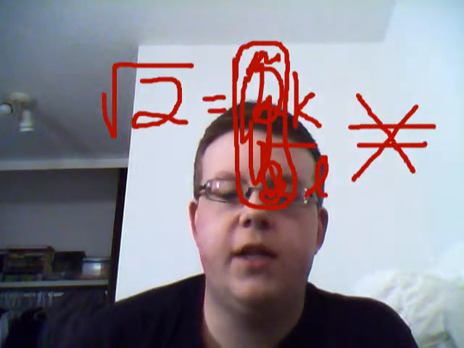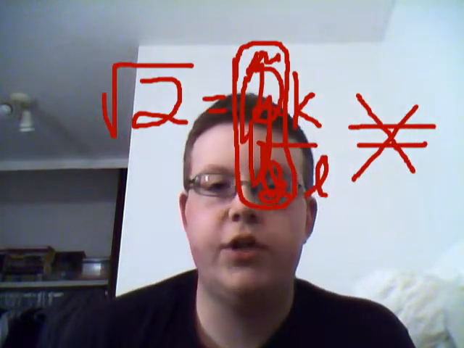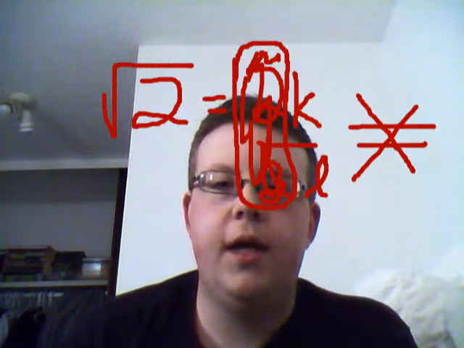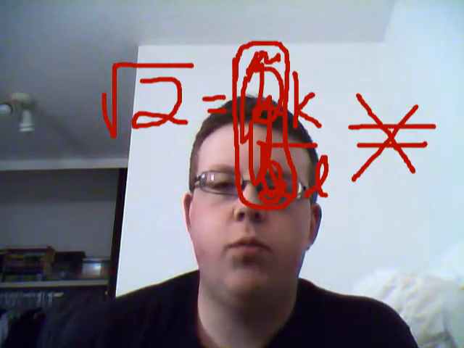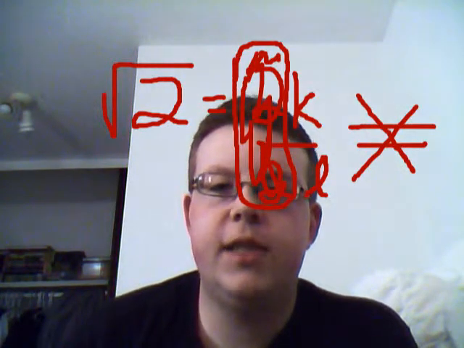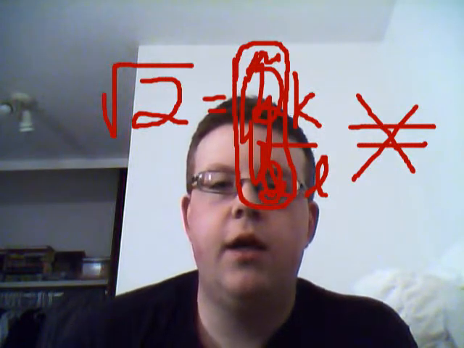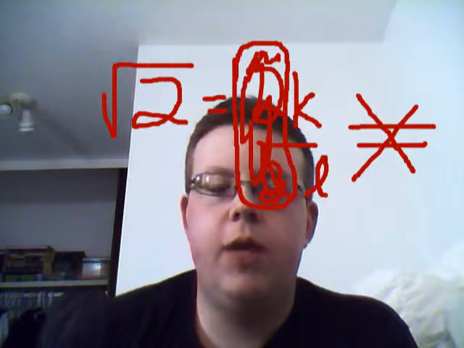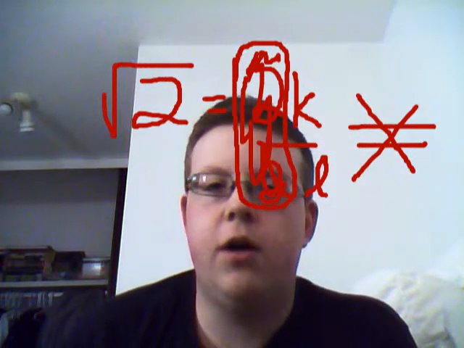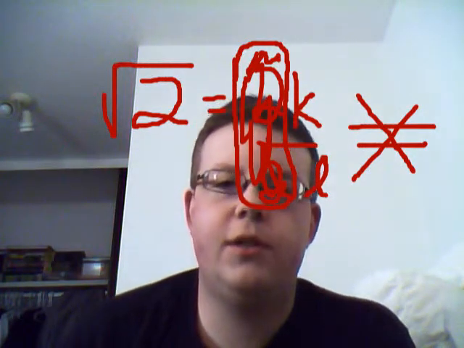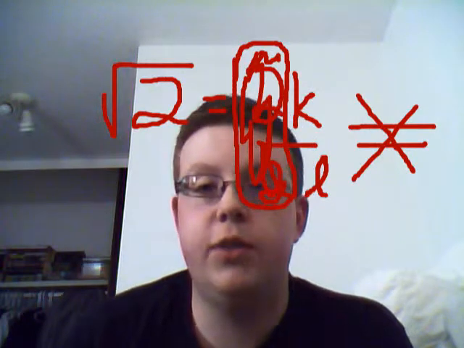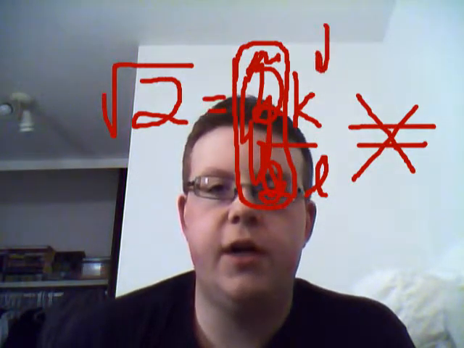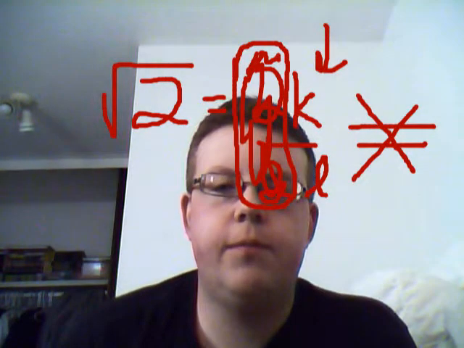By assuming that the square root of 2 is rational, and just saying without loss of generality that the numerator and denominator are in lowest terms, we actually get that they have a common factor, which can't be true because of our assumption that this fraction was in lowest terms.